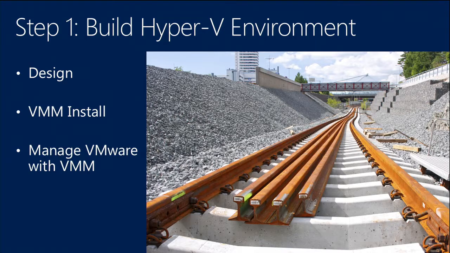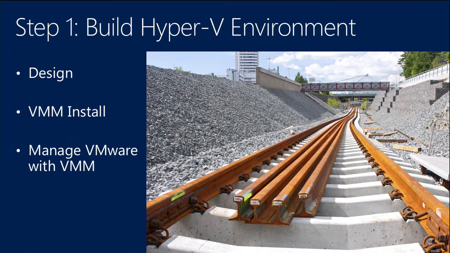And then at that point, you've got VMM, and you've got VMware, and you don't have Hyper-V necessarily. So we think it makes sense to, there and then, hook VMM up to VMware so that you can see in VMM your VMware infrastructure and the guests.